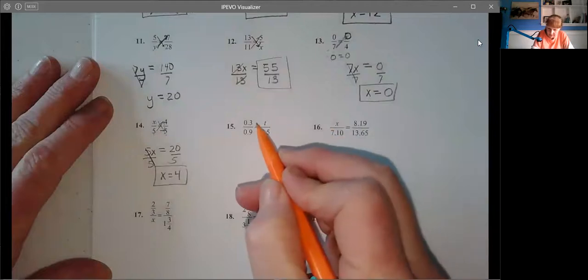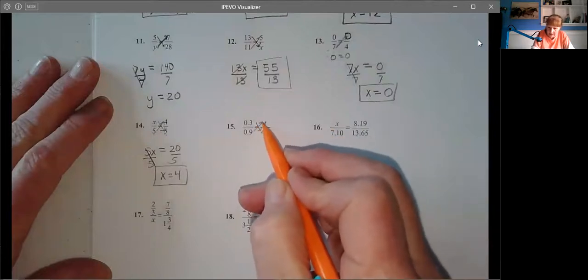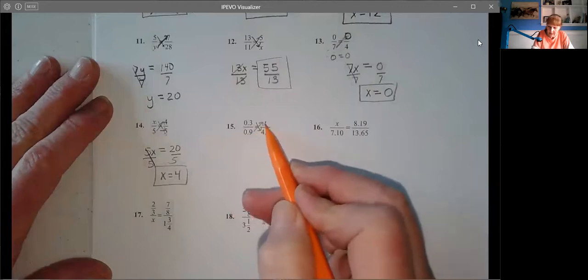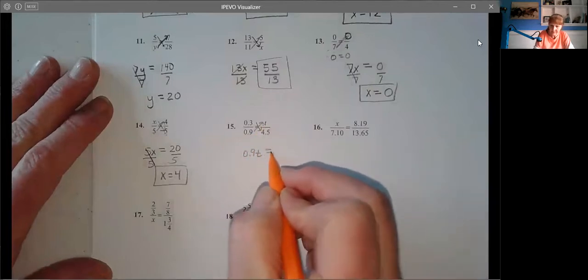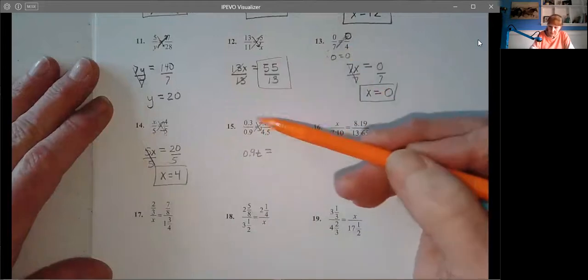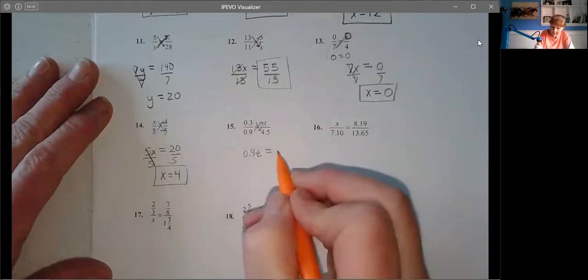But okay, so what we'll do, I guess it doesn't matter which one. We're going to use our calculator either way. We're going to do a cross product. 0.9 times t is 0.9t. 0.3 times 4.5 is 1.35.